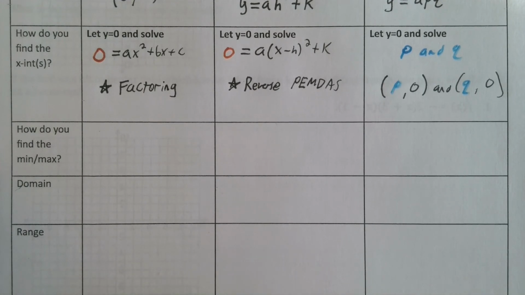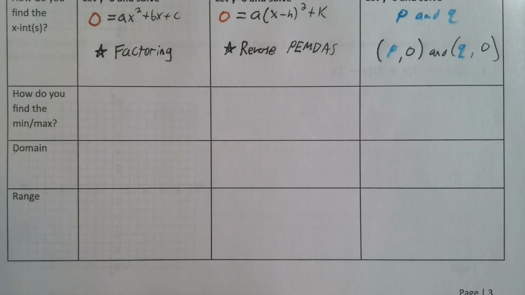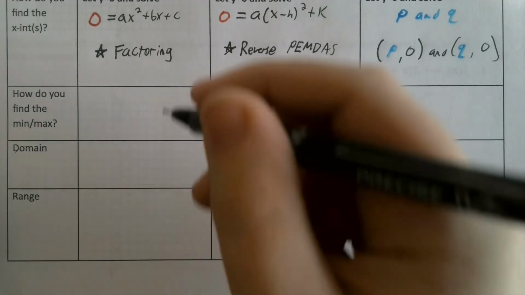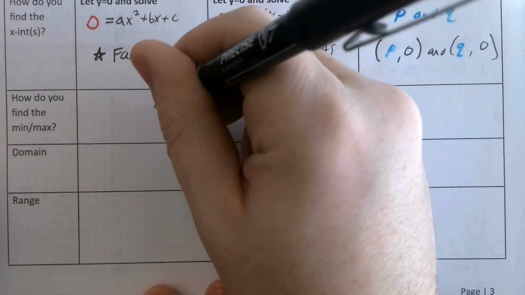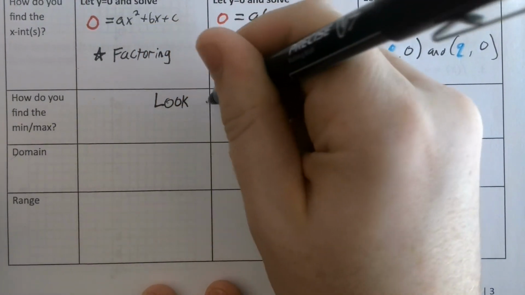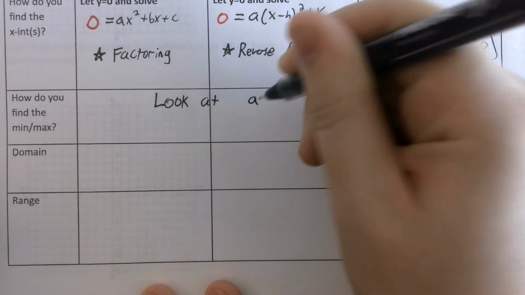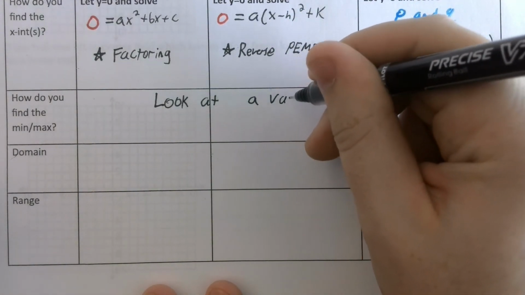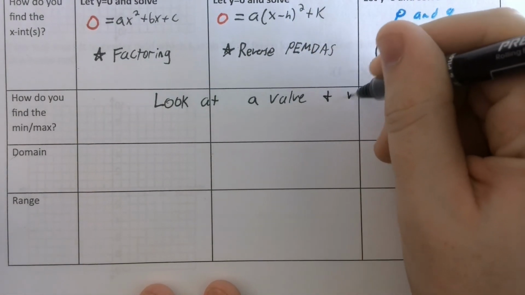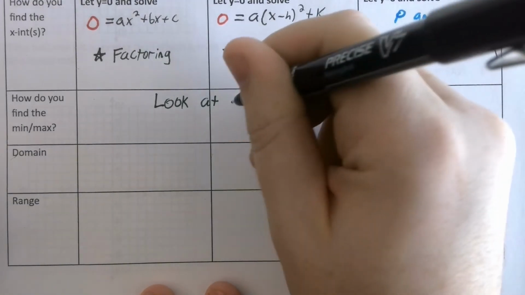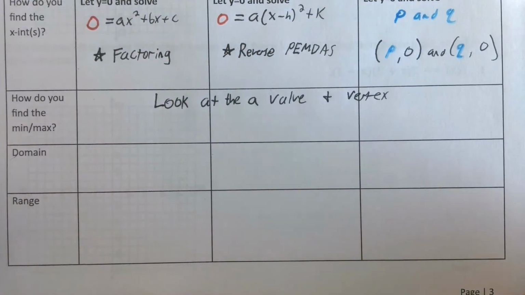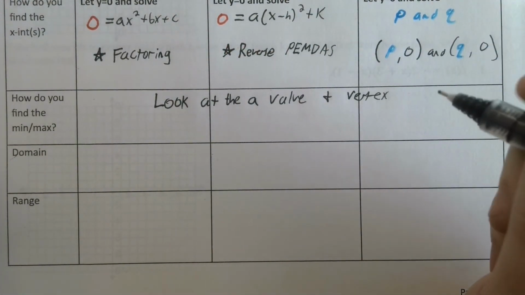Last but not least, we want to talk about these qualities: the domain, the range, how to find the minimum and maximum. To find the minimum and maximum, it's the same for all three. We look at the a value and the vertex.